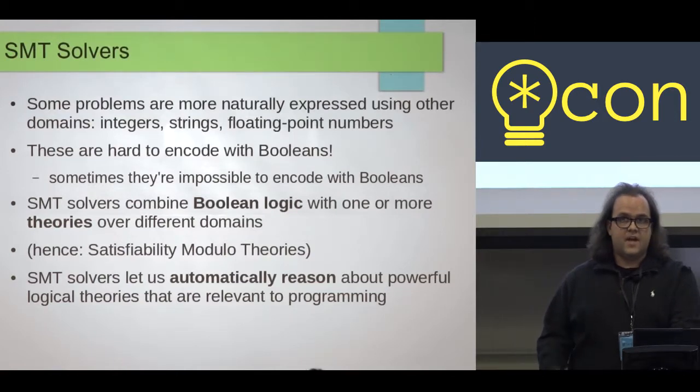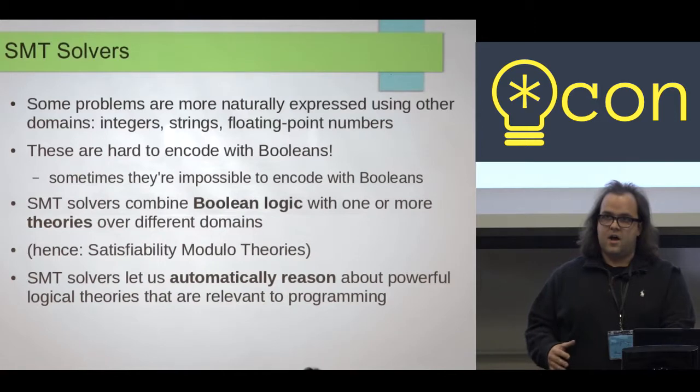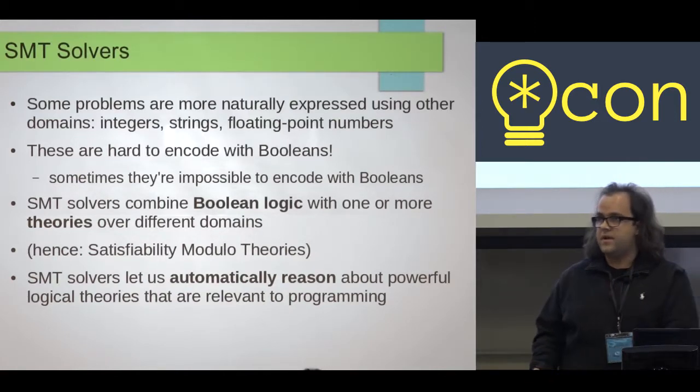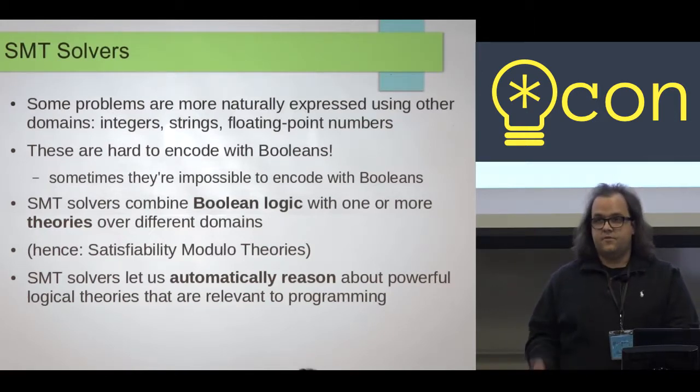And so we get into SMT solvers, which combine Boolean logic, which we've seen, with one or more theories over different domains. And a theory is just a way of saying, well, we're going to think about a domain like integers. We can have theory of integers, theory of floating point, theory of bit vectors, theory of strings, and they combine different theories and let you perform automated reasoning and try to prove theorems with them.